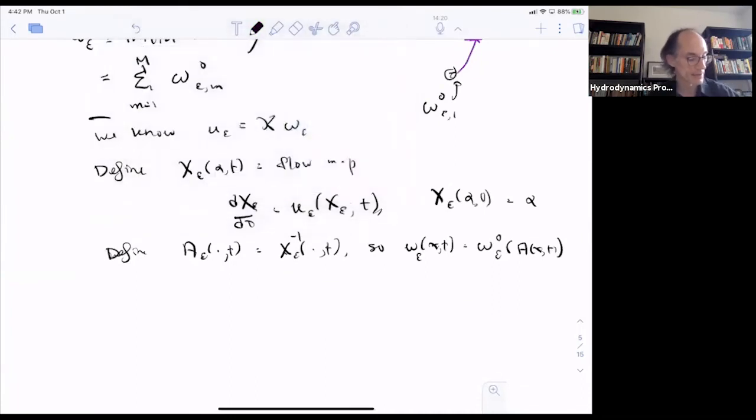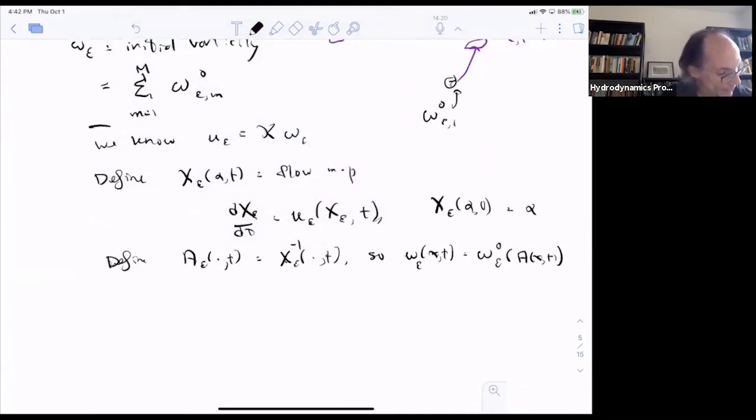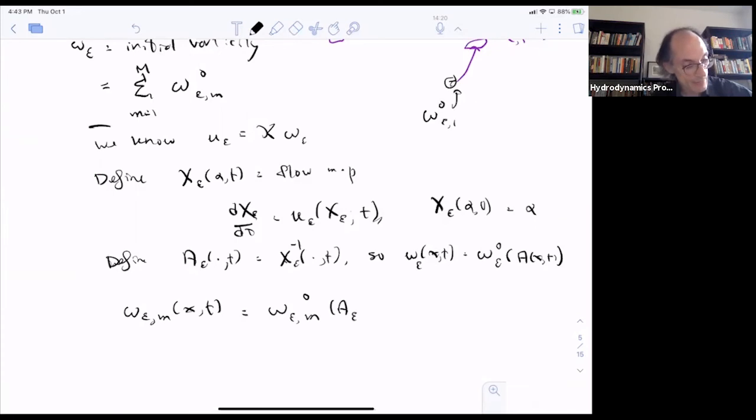I can just take omega epsilon m at time t, at x and t, to be omega epsilon m0 at A epsilon of x and t.